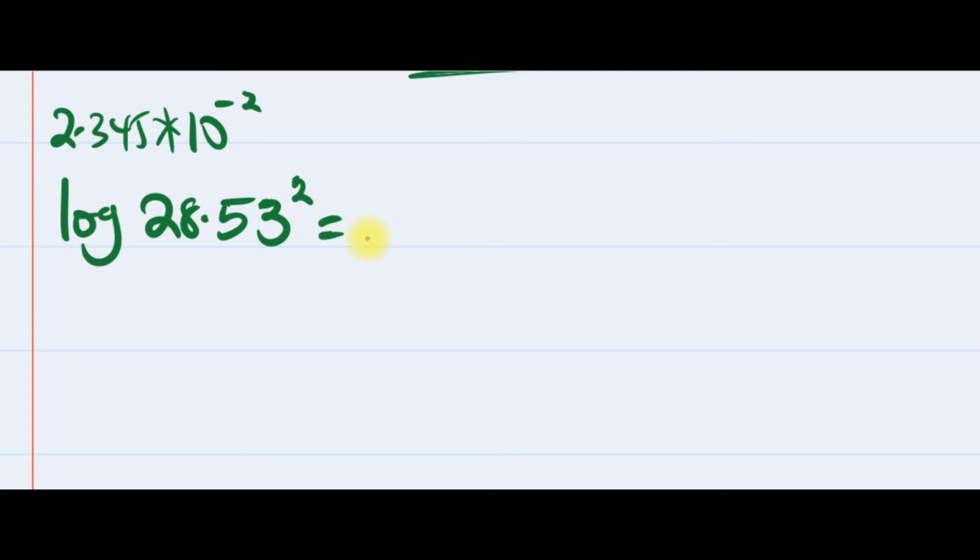Do you remember the law that states that to find the log of any number raised to a power is the same thing as multiplying the log of the number by the power? Do you remember? So that's what we are going to use here.